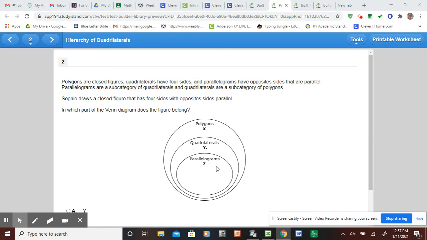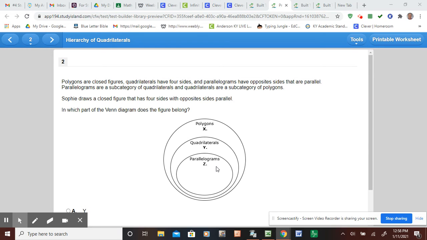Now, are all quadrilaterals parallelograms? The answer is no, because only a part of the quadrilateral circle is inside the parallelogram circle. Some are inside, quite a few are inside, and some are not. But all parallelograms are quadrilaterals because all of the parallelogram circle is inside the quadrilateral circle. Okay? You just imagine it like this.